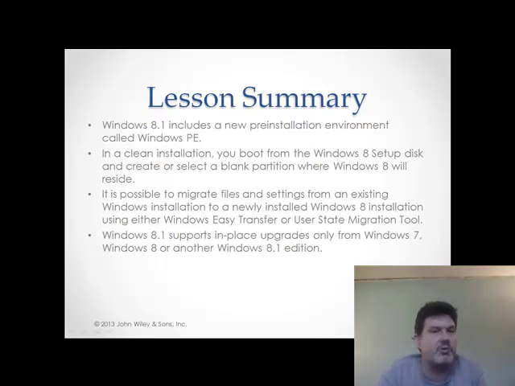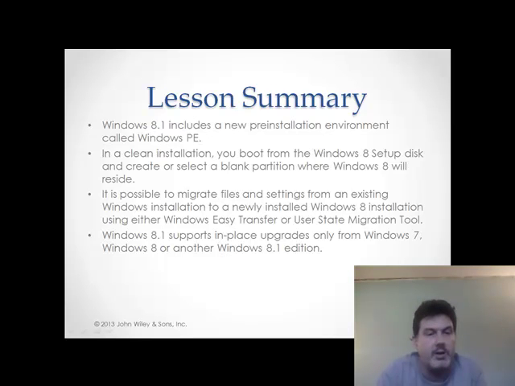So just to summarize, 8.1 includes a new pre-installation environment, Windows PE. It's actually not new. It's been around since Windows 7 as version 4.0. 3.0 was something that was released through the Microsoft website for a variety of reasons. And then, of course, we have 5.0, which is available for Windows 8 or 8.1 operating systems.